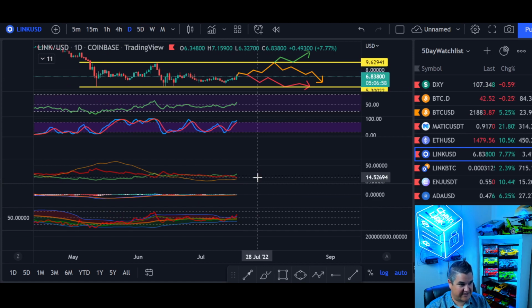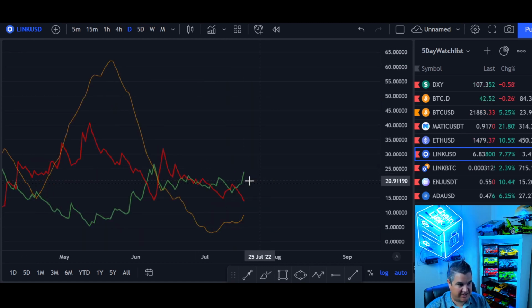We have the ADX and the DI, which is key to be watching. On the daily, we just got a bullish cross last Friday, right? So this is good. Look at the separation, the divergence of the lines. That's excellent. And what else is great? The ADX, right? This is the average directional index in the orange. You want that following for the bulls, right? The bulls just crossed, and now they're gaining strength.